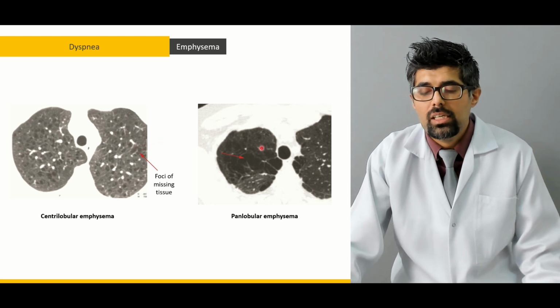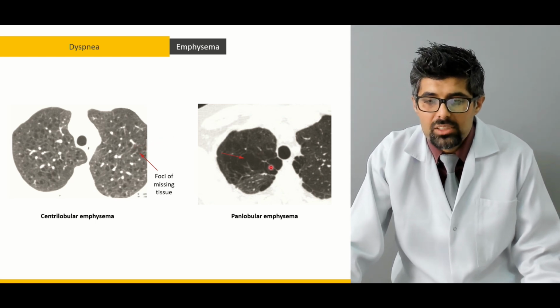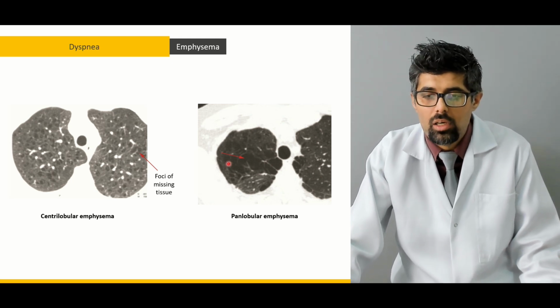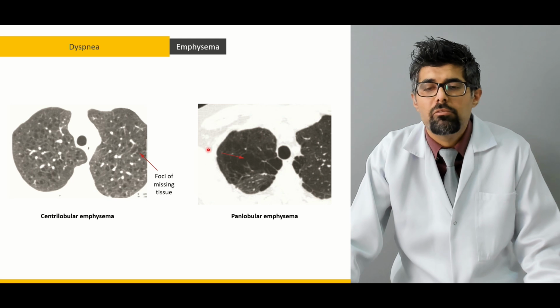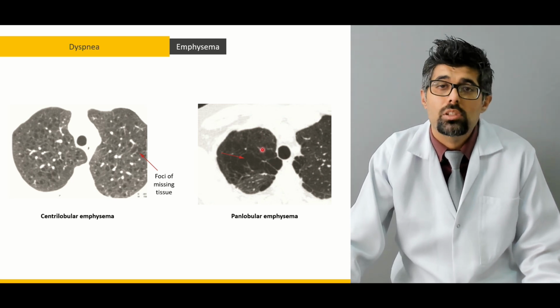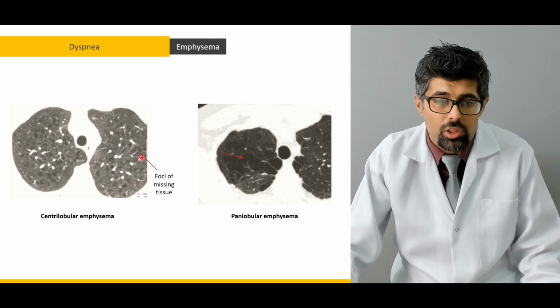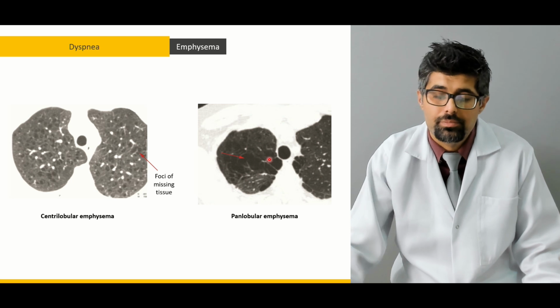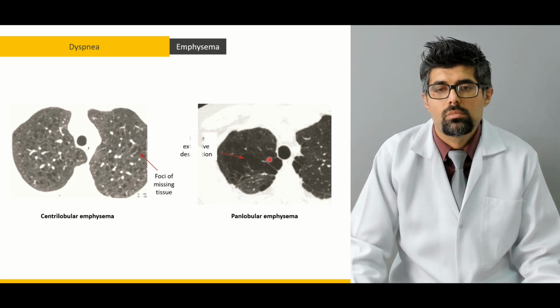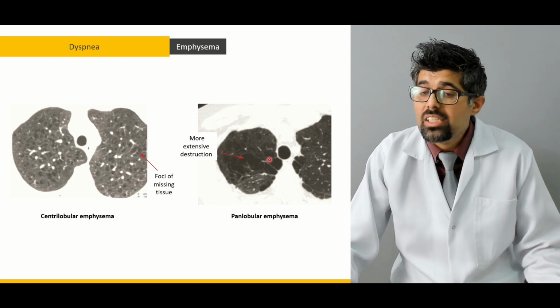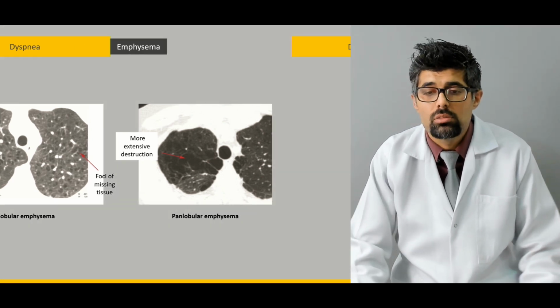Here you can see that emphysema, the presence of air, has encroached almost the whole of the lung, and this picture is very typical and very common of heavy smokers, where a focus spreads into the whole of the lung. So the more the emphysema, the more the destruction.